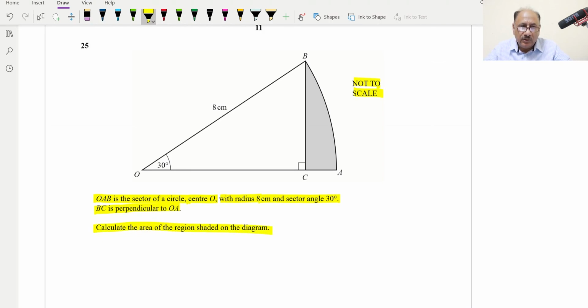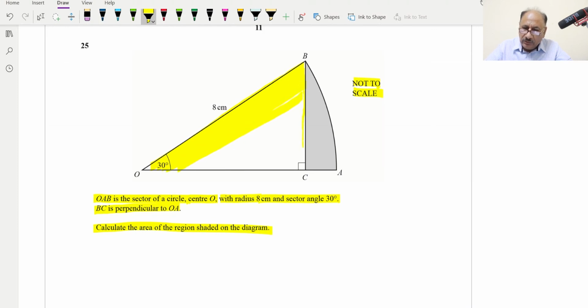To calculate this area, we will require OC first. We can consider this triangle to find the OC side, because OC side is required.